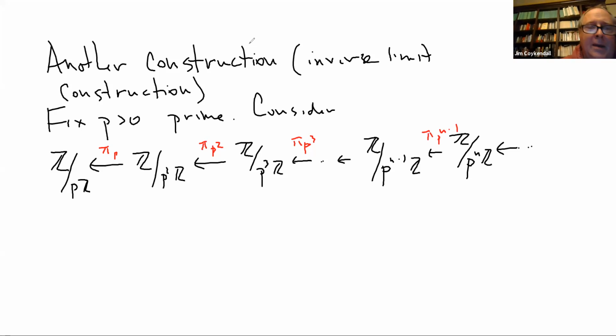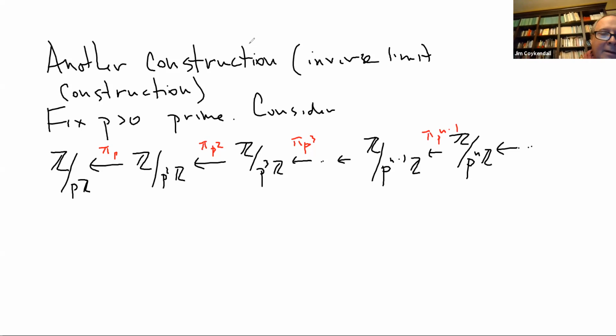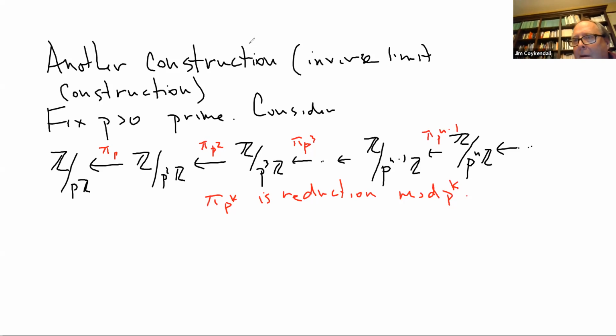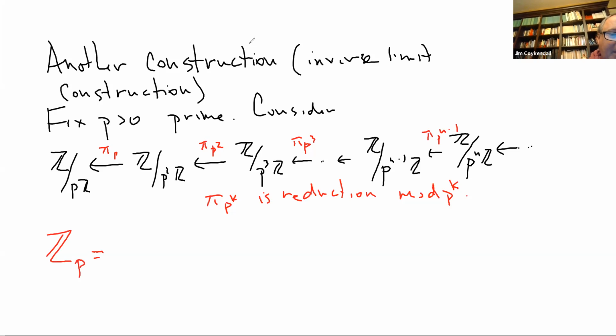So pi_k is reduction mod p^k. Here's another construction of the p-adic integers.